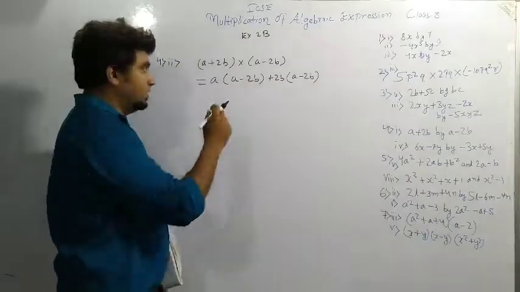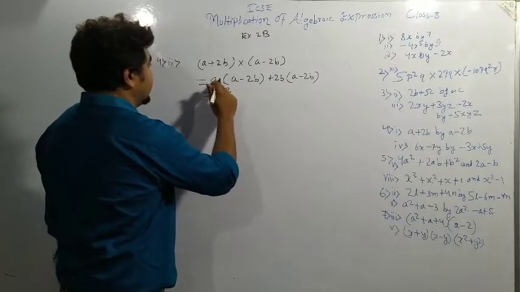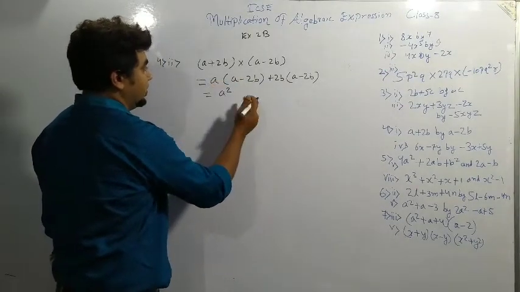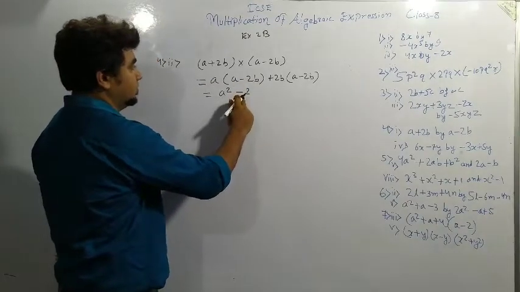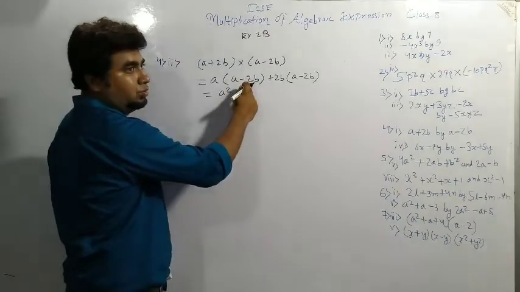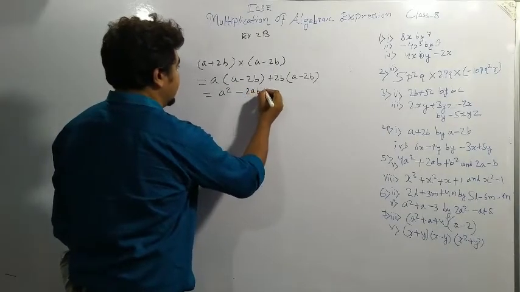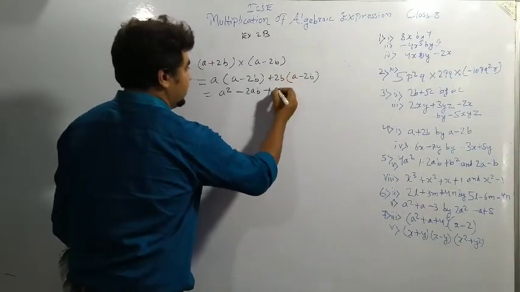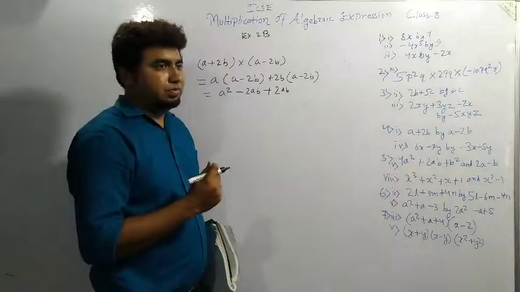Now you have to see here, a into a is a square. a into minus 2b: one minus is there, so it will become minus 2ab. 2b into a will become 2ba, or we can write it as 2ab also.